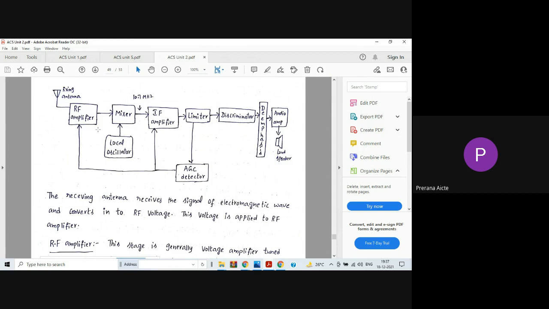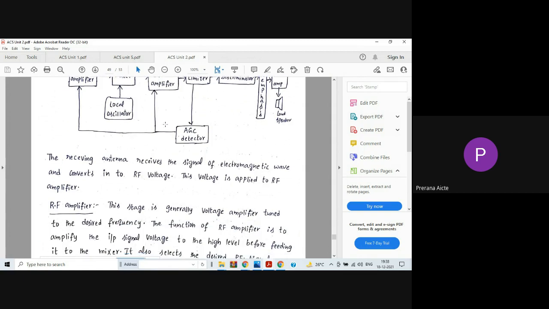This is applied to the RF amplifier. The mixer receives the RF signal and, through the local oscillator, accepts another signal. The intermediate frequency of the FM wave is 10.7 megahertz. So we have to tune the local oscillator frequency in such a way that the difference produces 10.7 megahertz.